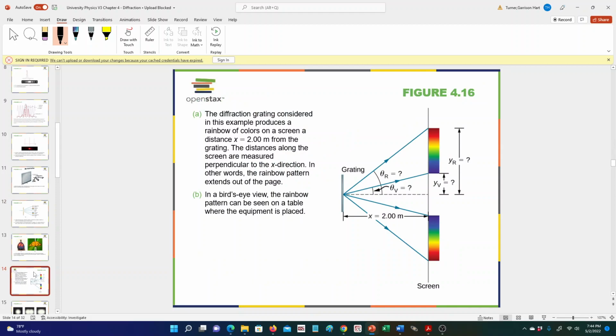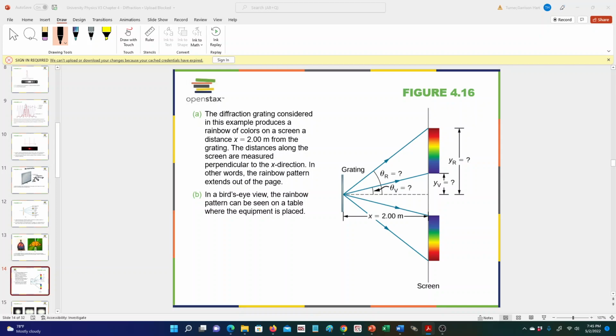So in an example like this, now this is from the textbook, right? And so it doesn't give the entire context of the textbook. But let me see if I can find it. So in this particular example, we've got 10,000 lines per centimeter. Okay.